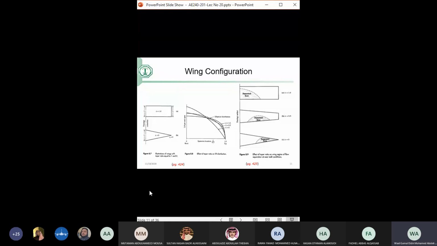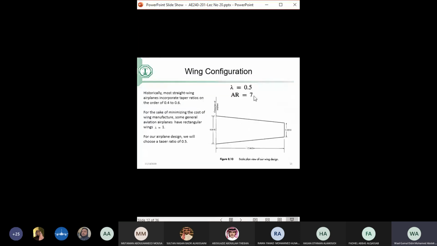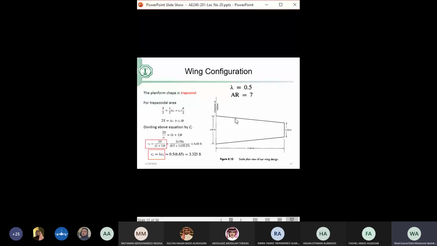So if we know the taper ratio, 0.5, if we know the aspect ratio, and we have the wing area, I can now get the dimensions of the wing. How? Well, the wing is a trapezoid. If I know the total area of the trapezoid, this one plus this one over 2 multiplied by the distance.